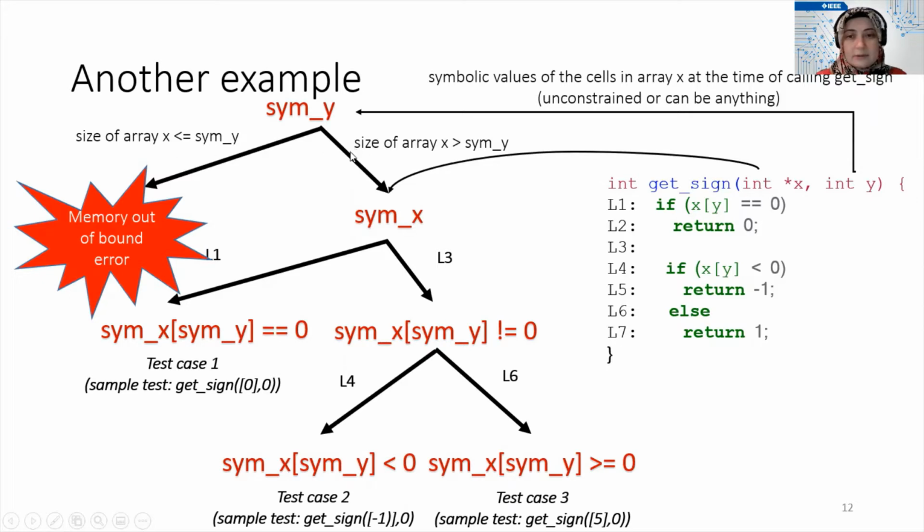This is important because if it is greater than or equal to the size of array x, then obviously we have a memory out of bounds error, and KLEE will generate a path for that. So that's one of our test cases. If it is not, then y can be used as a valid index, and we will see the same symbolic execution tree that we have seen before. We will check for this value being equal to 0 or not 0, and then whether it is smaller than 0 or not, and so on.